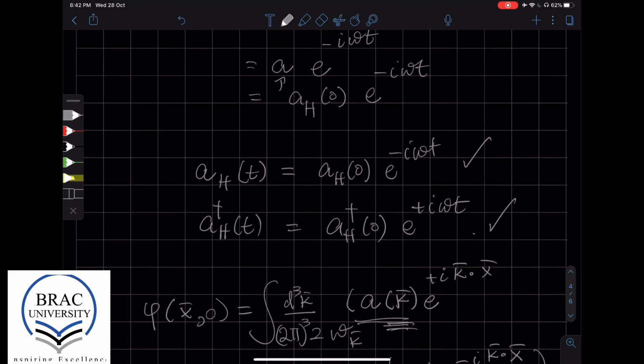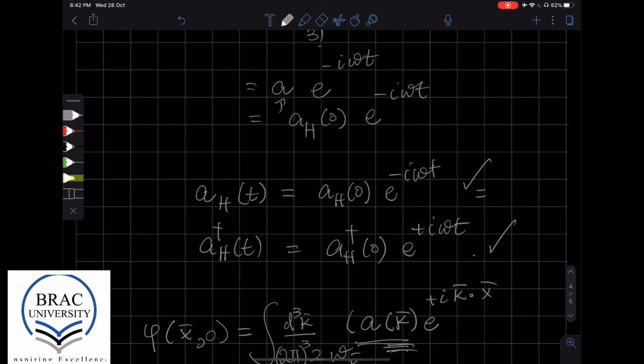Now what is this? This was nothing but the energy of the harmonic oscillator. So it was minus i E t, and here it was a_H dagger of 0 e to the power plus i E t.